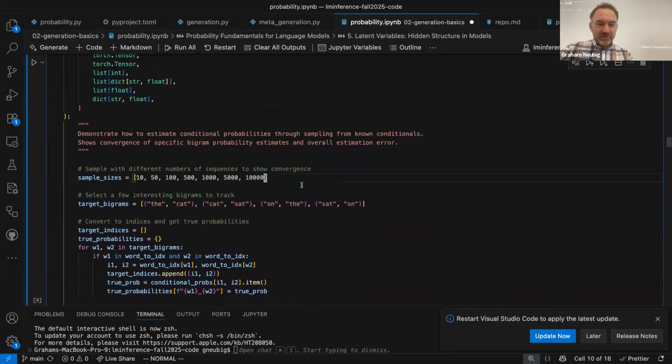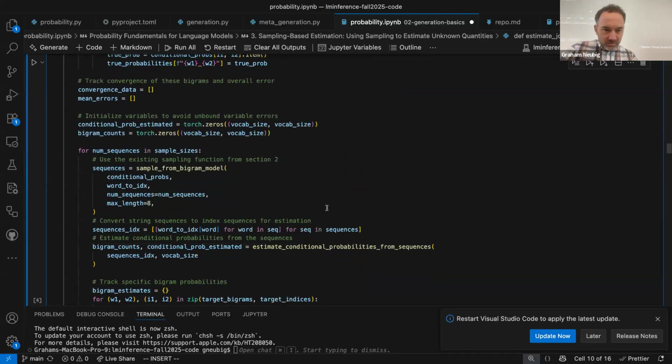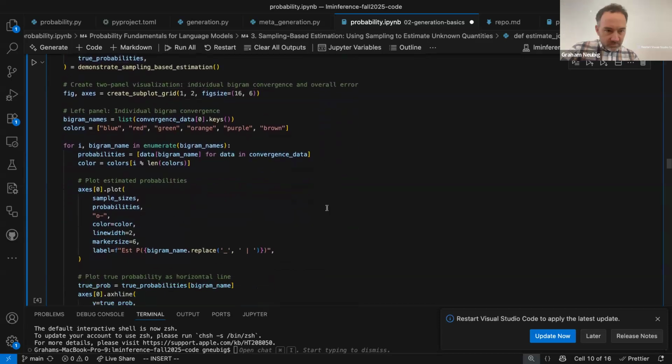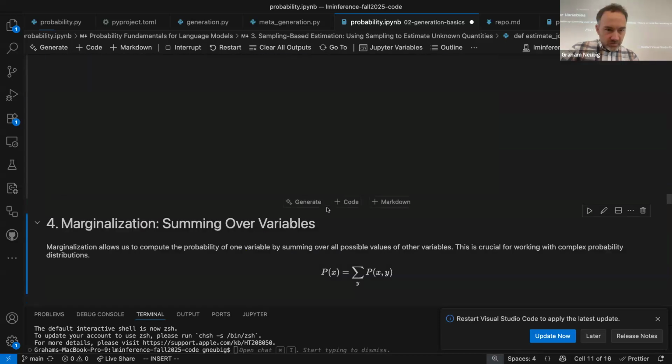Let's make my laptop a little bit hotter. Maybe this will just work.